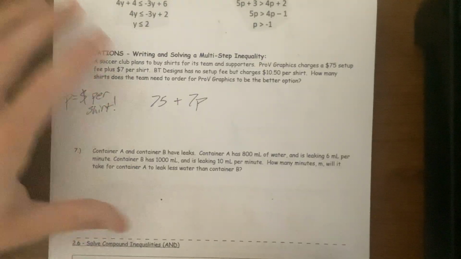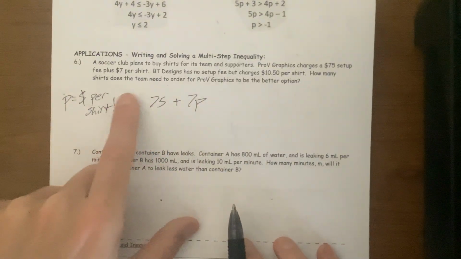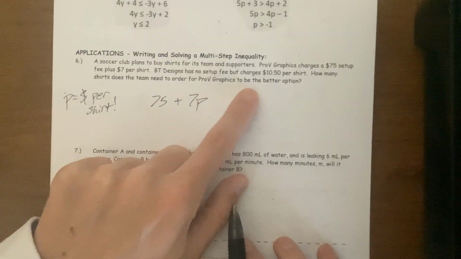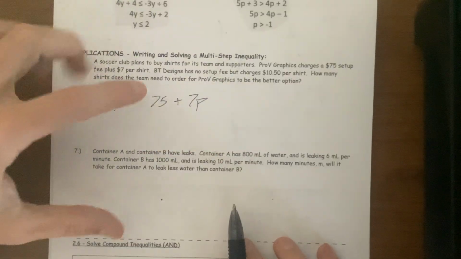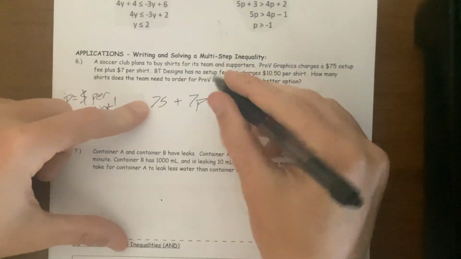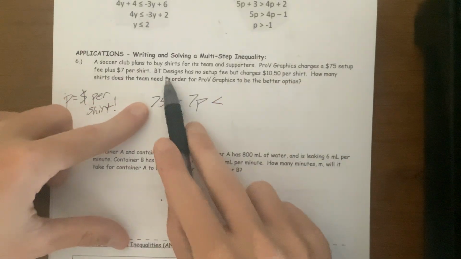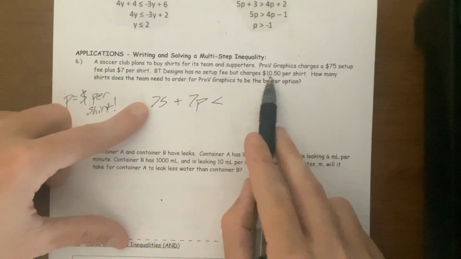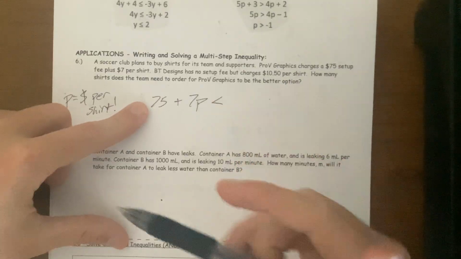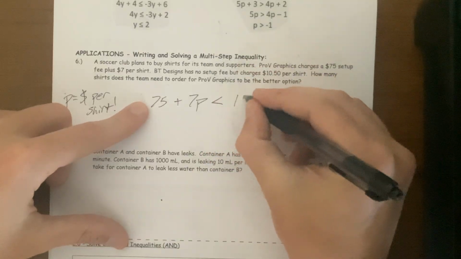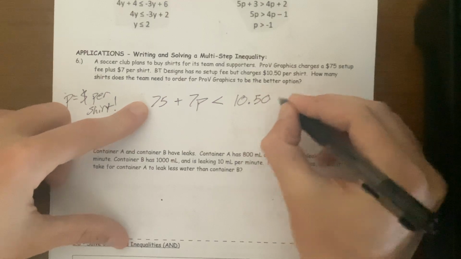Now, we want the number of shirts the team needs to order for Pro V Graphics to be the better option. So we want this to be less than BT Designs, which charges $10.50 per shirt.